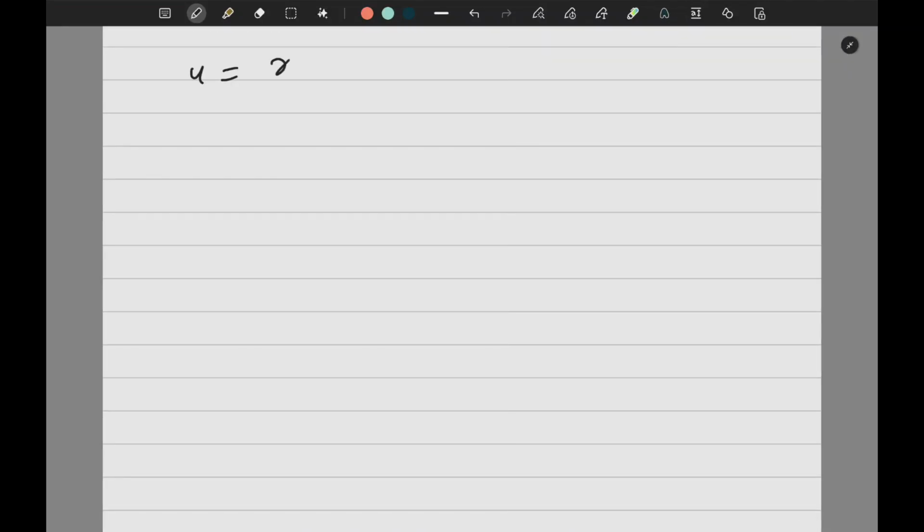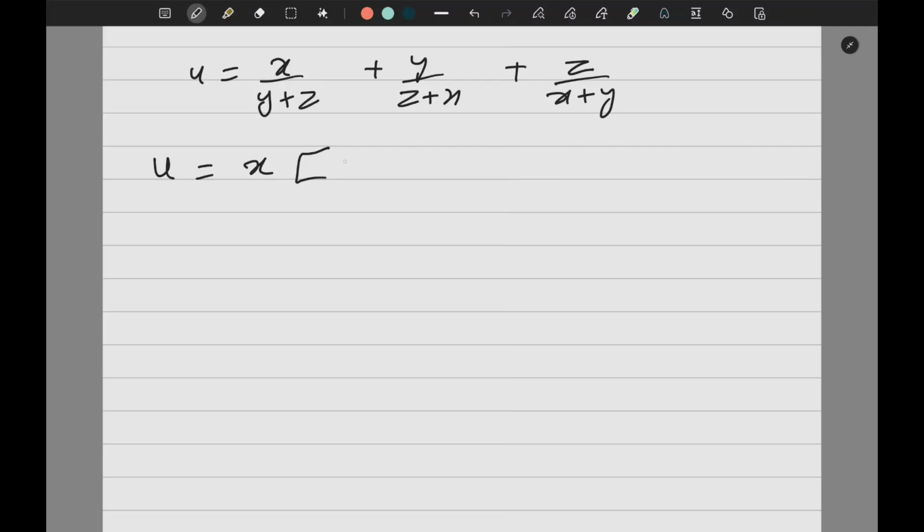Suppose u is equal to x upon (y plus z) plus y upon (z plus x) plus z upon (x plus y). So u is equal to, see in the numerator, x you take common. So here I am left with 1, plus 1, y plus z. X I have taken common, so here it will become like this. Now in the denominator also you take out x common because highest degree is x only.